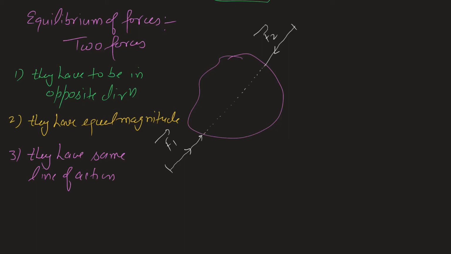Similarly, other two forces could be in equilibrium. If I draw a straight line, that will be more suitable. Let us say I draw a straight line from here to here, and I say the line of action is this one.